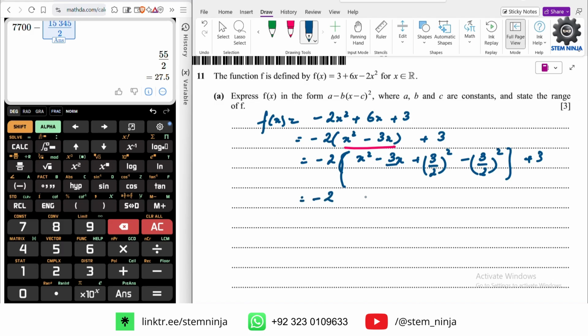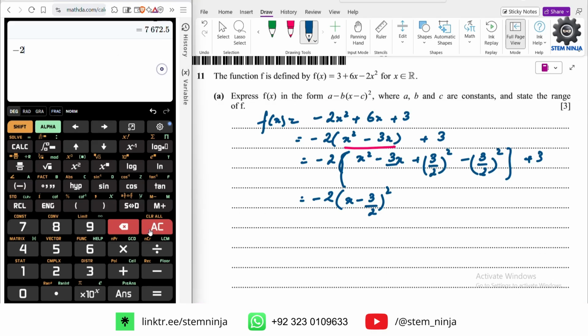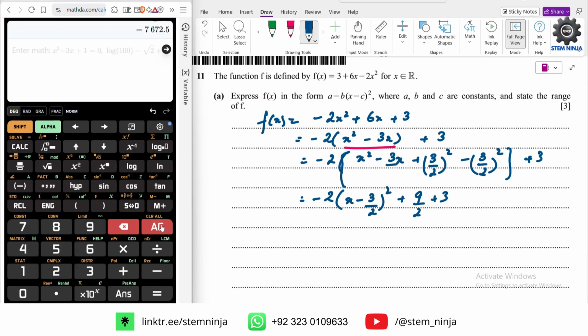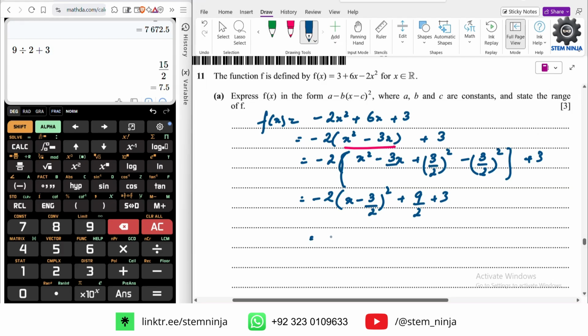So you have minus 2 x minus 3 by 2 whole squared, and just calculate the minus 2 times minus 9 divided by 4, that is 9 over 2. 9 over 2 plus 3, so 4.5, so 9 divided by 2 plus 3 is 15 over 2. So minus 2 x minus 3 by 2 whole squared plus 15 over 2.